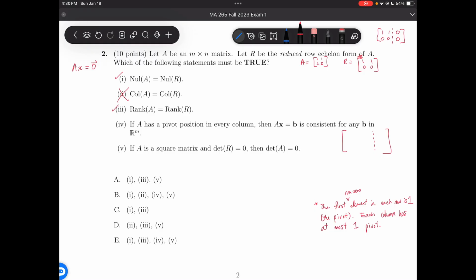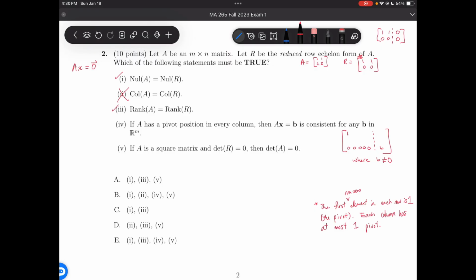We can tell basically that a matrix is inconsistent if the final row of the matrix is as such, so 0, 0, 0, 0, 0, B, where B is not equal to 0. So if we have an augmented matrix like this, where the last row in the matrix is 0, and the final element in the solution is non-zero, then we have an inconsistent matrix.